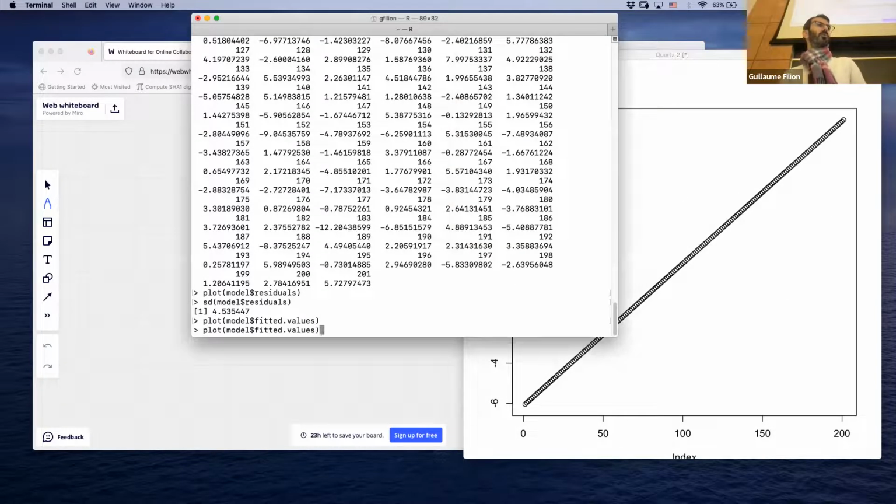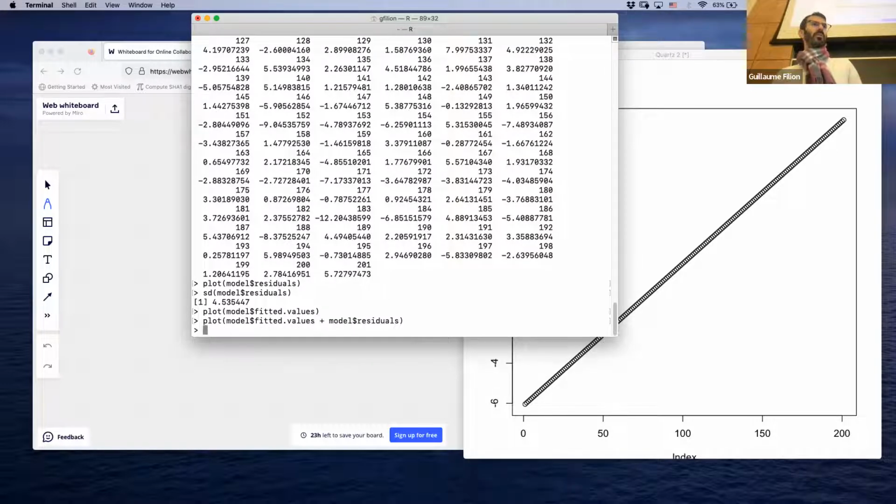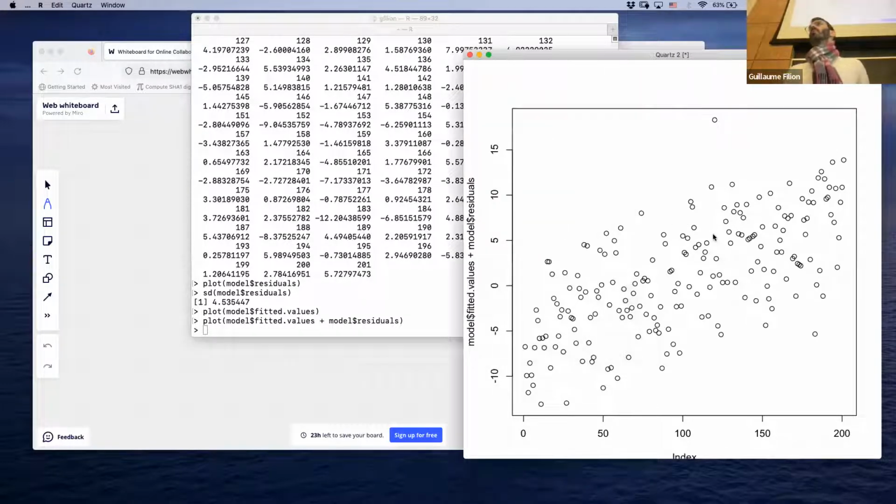And if you do model fitted values plus model residuals, then you get the initial data that you had. So it decomposes your data into the deterministic part, which is the fitted value, that's the A plus BX, and the random part, which is the residual. All right, does that make sense for you? Are there any questions about this, about the use of the LM function, etc.?